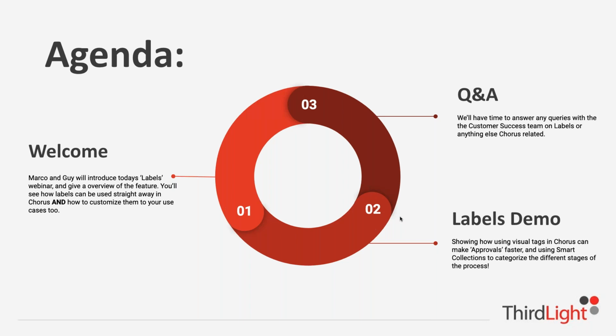There are three basic stages to it. I've created some custom metadata to demonstrate that, and then I've built some smart collections which are catching those different stages. I'll walk through all of that as one use case example. And then, as ever with every episode, we'll have time for questions and answers too.